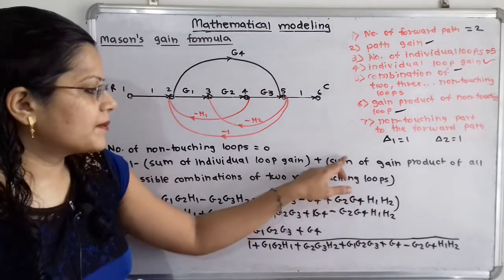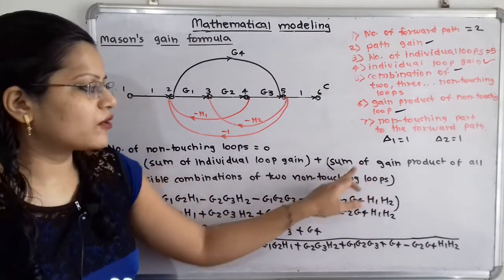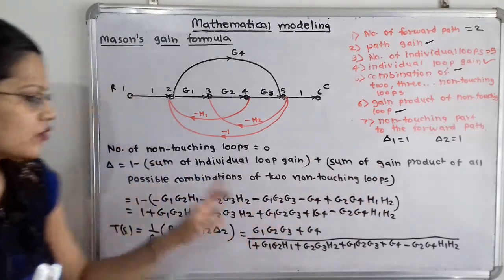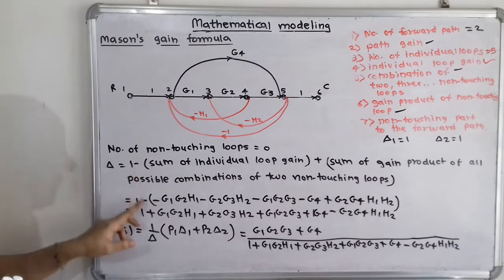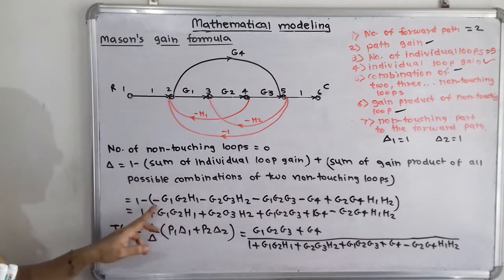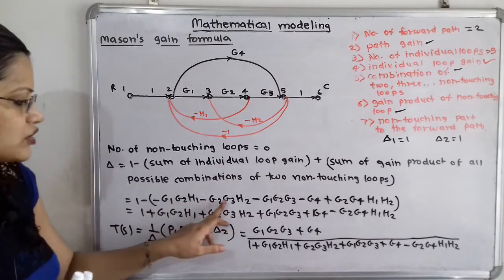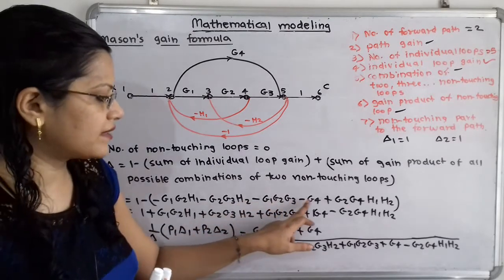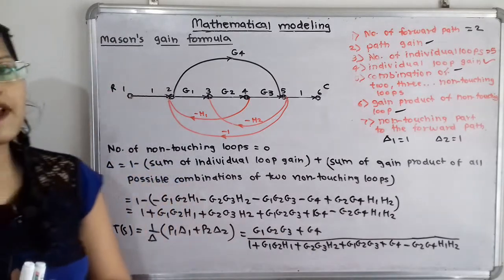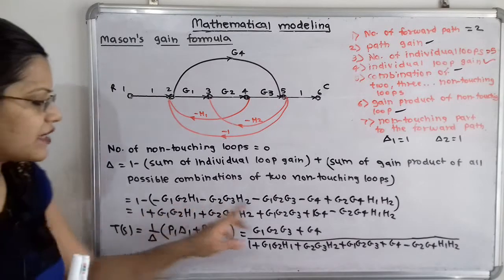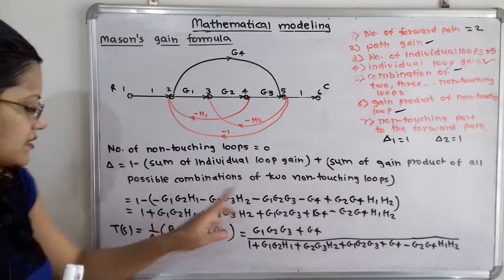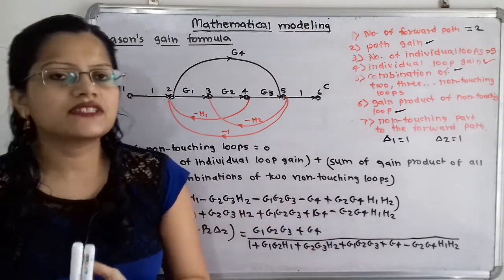So we should not take this bracket, because here there is no any loop gain for the 2 non-touching loops. So here we will put value, that is 1 minus the sum of individual loop gain, that is in the bracket minus G1 G2 H1 minus G2 G3 H2 minus G1 G2 G3 minus G4 plus G2 G4 H1 H2, bracket complete. Now to simplify this we will multiply this minus sign with inside. So here minus minus will become plus, and where plus sign is there it will become minus. So this is the value of delta.